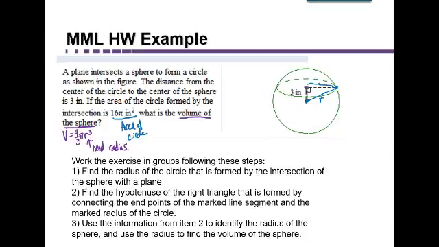And then we're going to use that radius to find the volume of the sphere. So here we go. First step, find the radius of the circle that's formed by the intersection of the sphere with the plane. How can we do that?